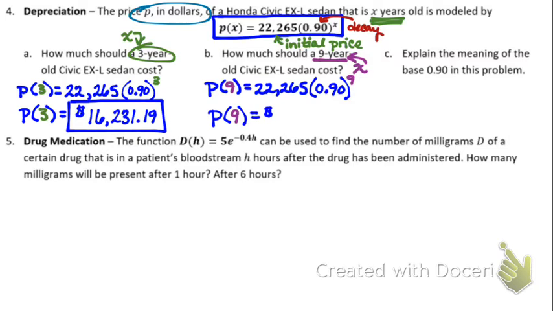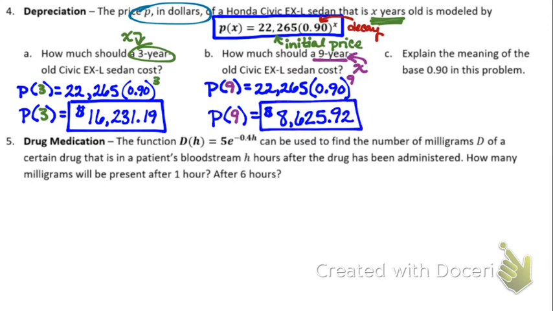We're going to round this one to the nearest cent as well. Here we put 9 in the place of X, because that is our measurement of time. You should have gotten about 8,625 and 92 cents.